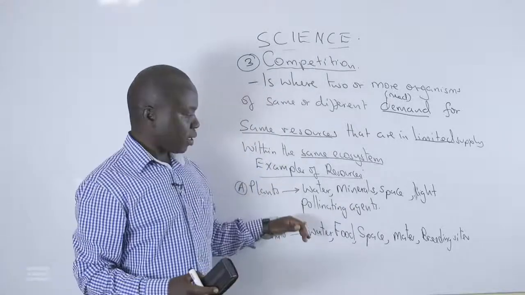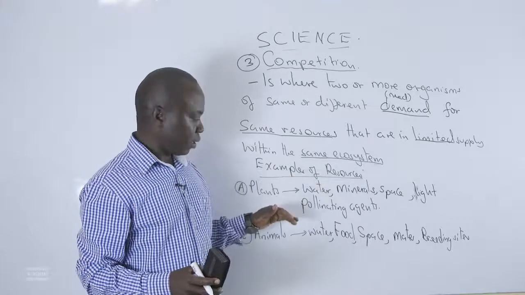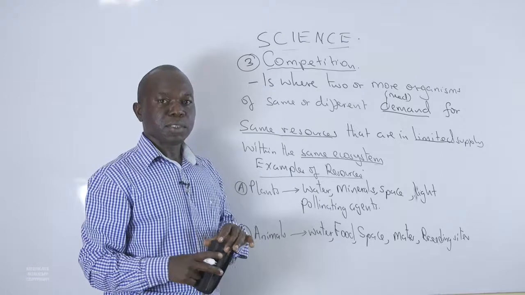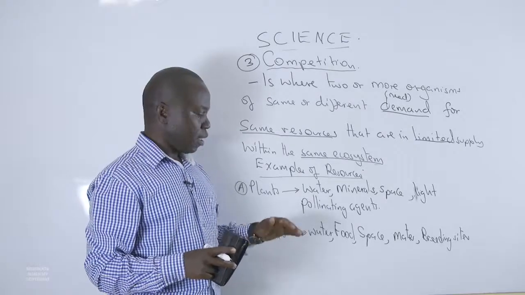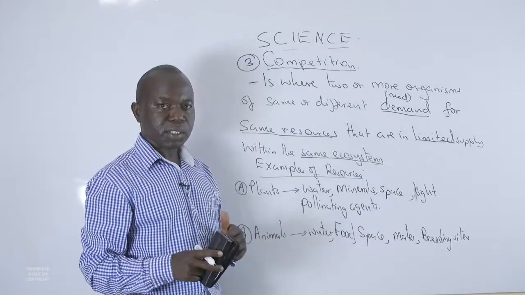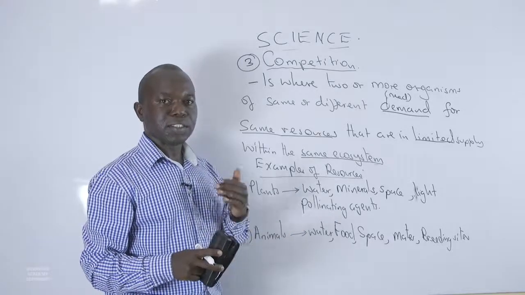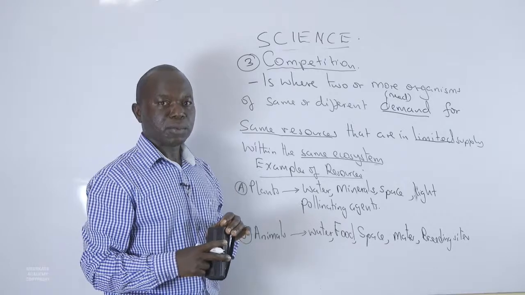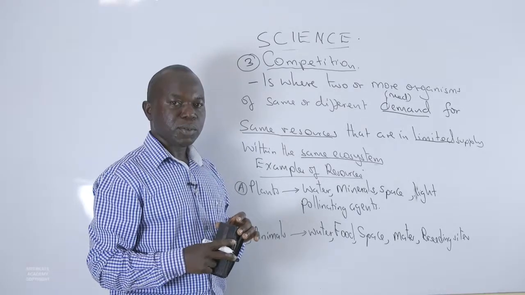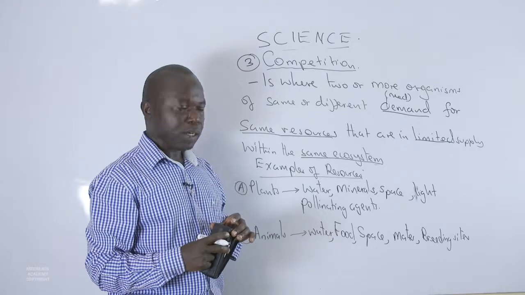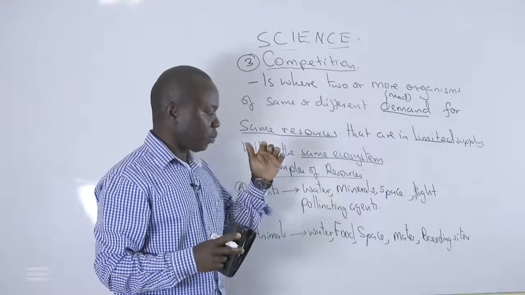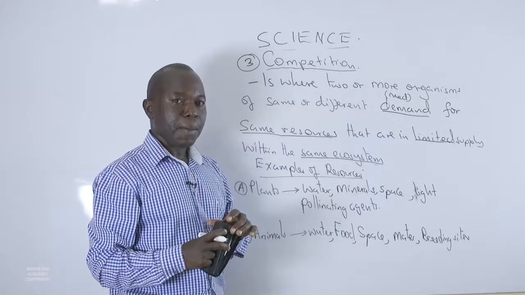But as they compete for these resources, both plants and animals, we realize that some are able to compete better. Others cannot compete. So in the process, the one that is successful in producing the best competitive abilities will be able to survive. But the one that is unfit, that cannot compete properly, or is weak, usually perishes.